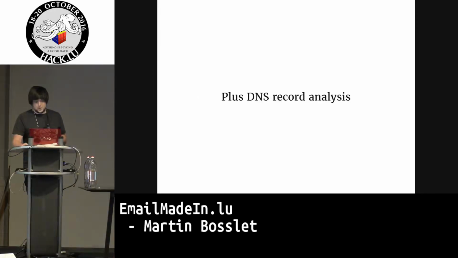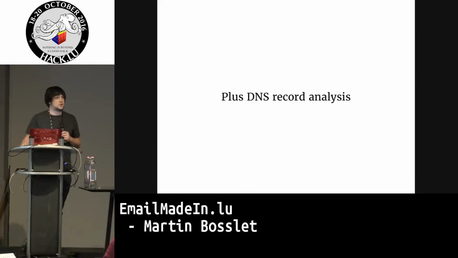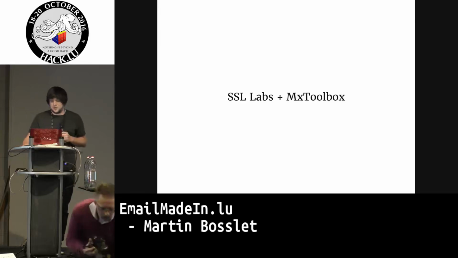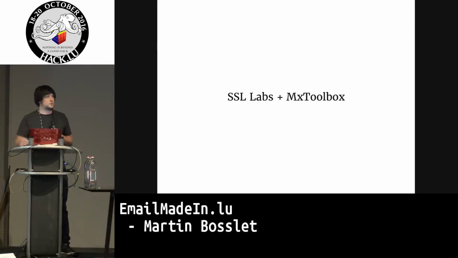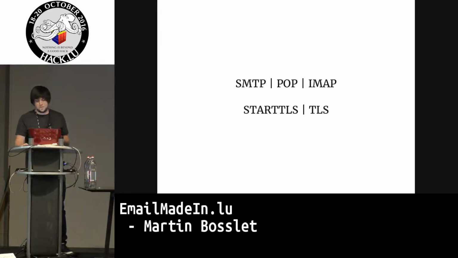And on top of just what SSL Labs gives us, so TLS analysis, we also would like to look into the DNS record setup because there are DNS records that are really critical for email security. Think of SPF, DKIM, DMARC, and so on. So what we want is a combination of basically SSL Labs plus something like MX Toolbox that allows you to look into the DNS record setup.